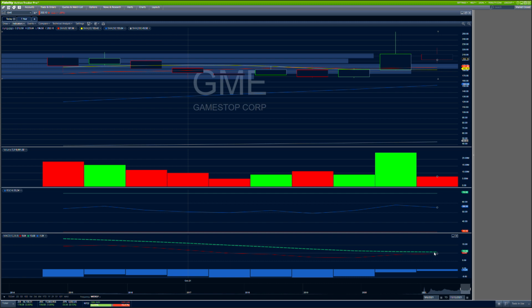To me, I just don't understand that from a fundamental and from a technical perspective, because look, on the weekly chart, it's looking like these lines are going to cross over. And when the green gets below the red on Fidelity, though colors may be different depending on what platform you're using, according to the MACD, that's a very good sign. Now, it hasn't done it yet. We have to wait and see.